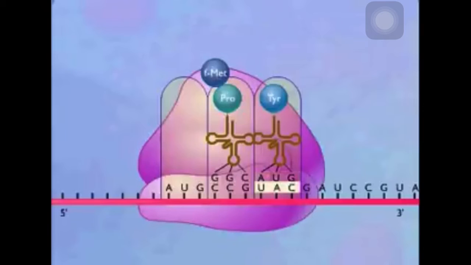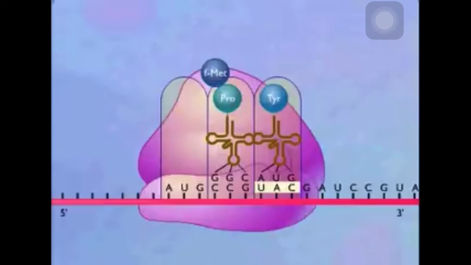It's catalyzed by peptidyl transferase. The large subunit, which is a ribosomal RNA, acts as an enzyme, thus called a ribozyme. These steps remove the growing polypeptide from the tRNA in the P site and bind it to the new amino acid on the tRNA in the A site by a peptide bond.